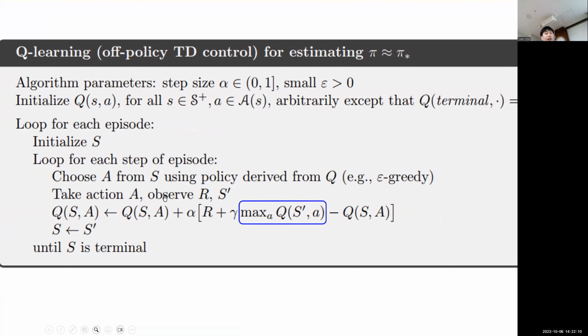Now take action A, observe R and S prime. From here we choose the action. Then, when we update the state action value function, we use the greedy action instead of the action from the policy. This is one major difference here.